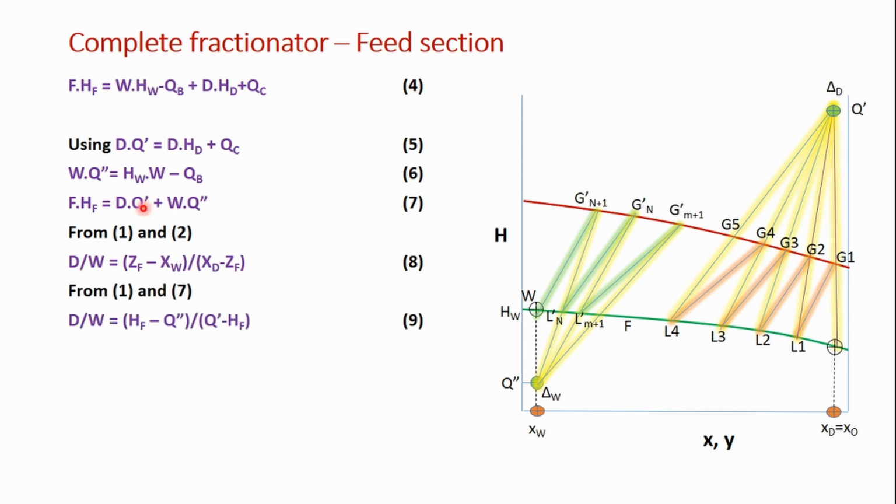And from F equal to D plus W and equation 7, which represents the enthalpy balance, I will eliminate the F term and substitute D plus W here and find out what is D by W. I will get HF minus Q double dash divided by Q dash minus HF. So feed operating line is given by this D by W.